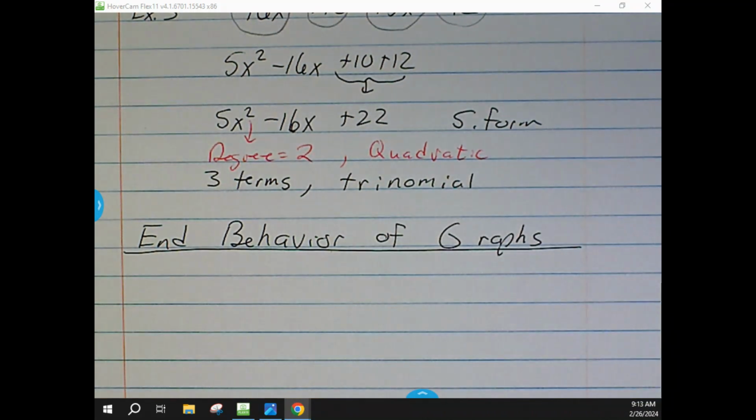All right, so for this one, we're talking about end behaviors of graphs. And again, where this ties in is that everything we're doing on this one is based on the leading term when an expression is written in standard form.